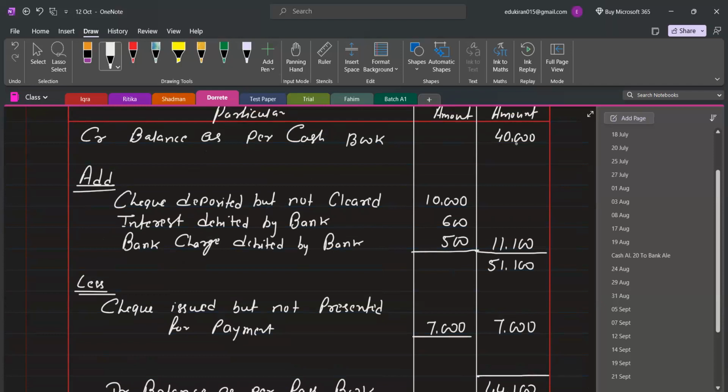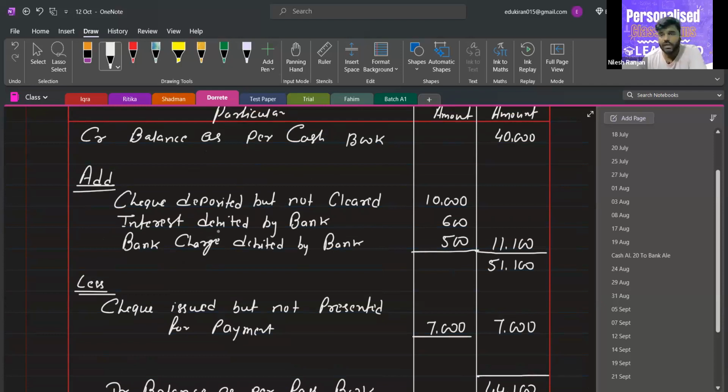And you don't have to change the side of items. If you write it as negative, then you have to do everything else the same as in cash book or passbook. You have to change the starting point only, nothing else.